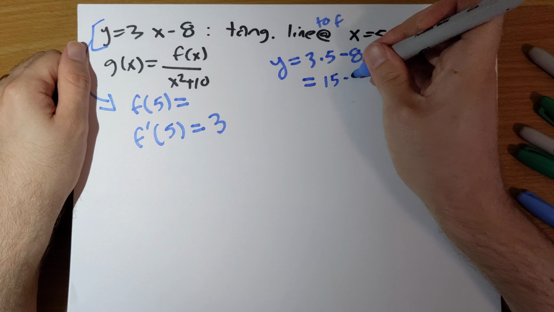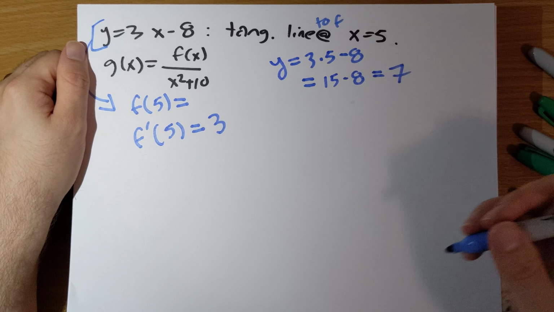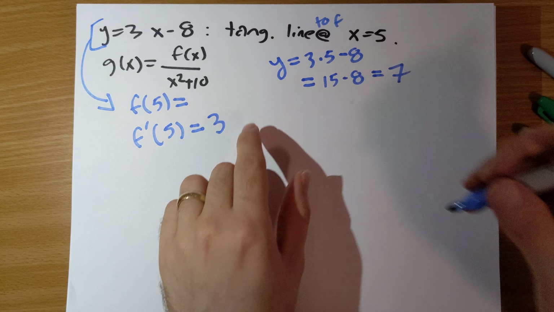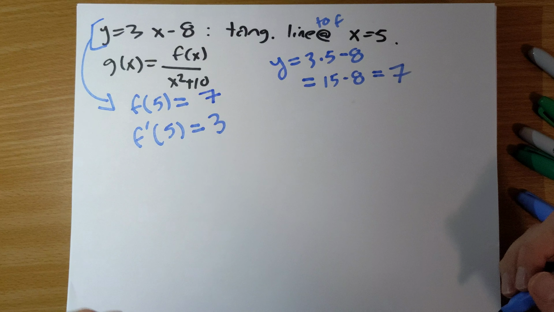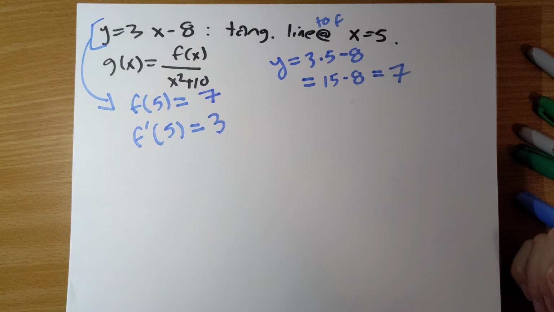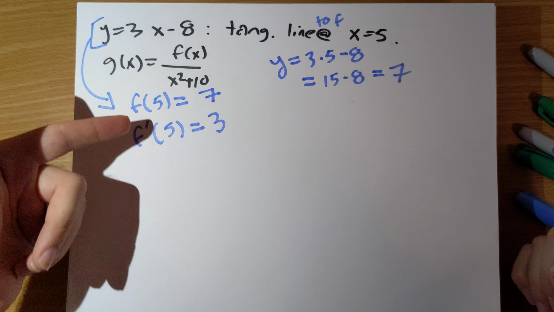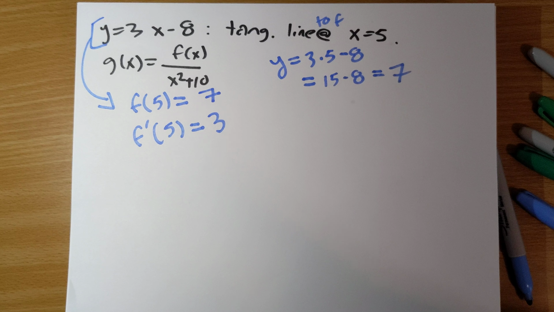So that's 15 minus 8 is 7. Okay, f of 5 is equal to 7 here. So the equation of a tangent line to f of x equal to 5 gives us both f of 5 and f prime of 5.